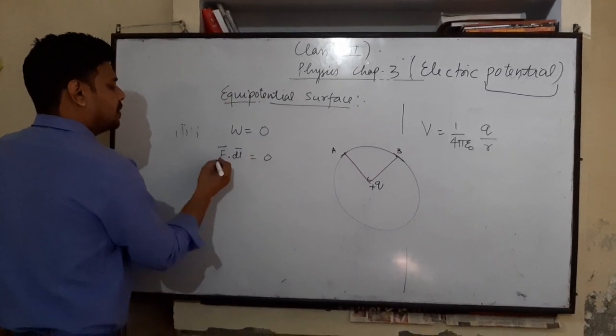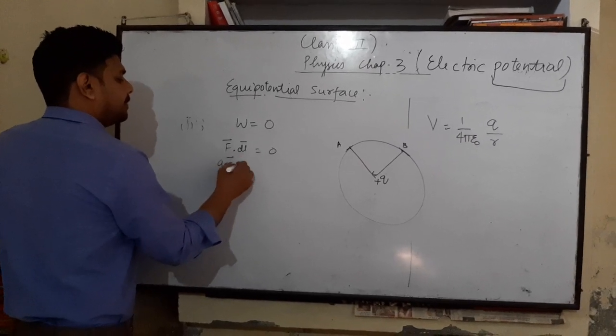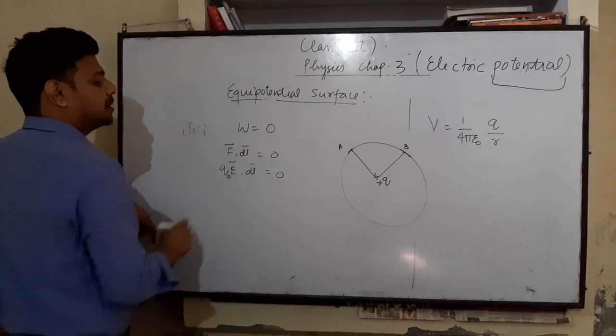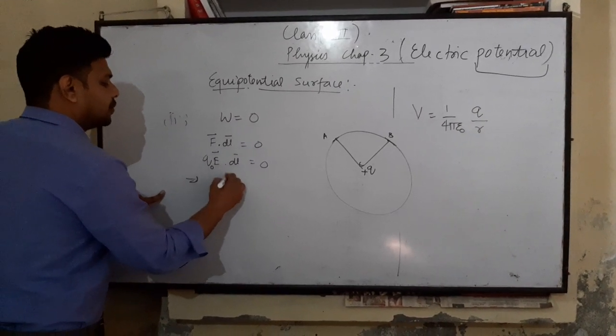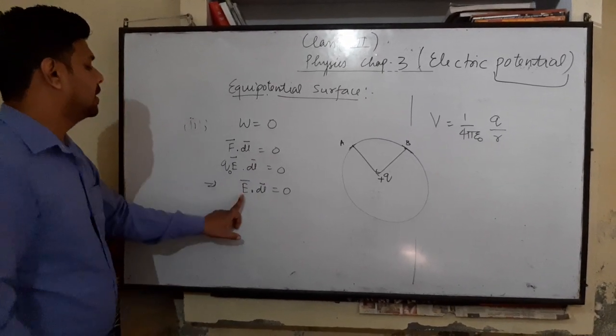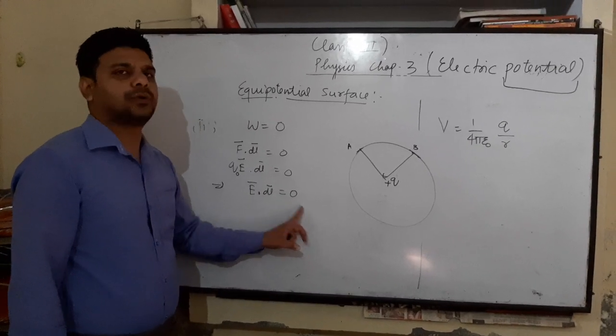F is equal to QE, so Q E dot dl is 0. Q cannot be 0, so E dot dl, vector E dot vector dl, is 0.